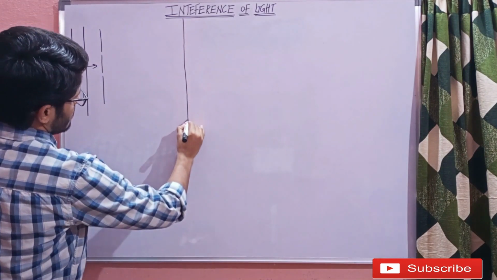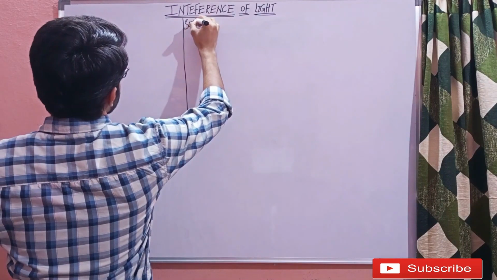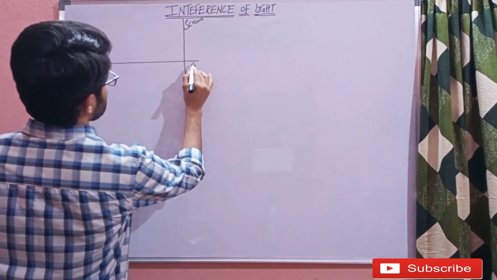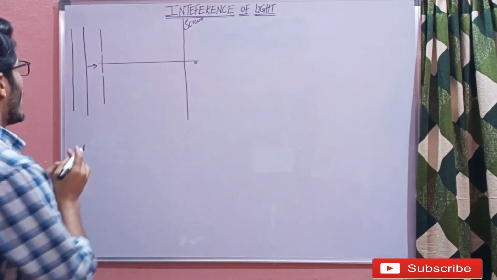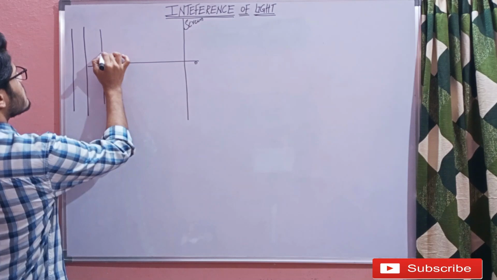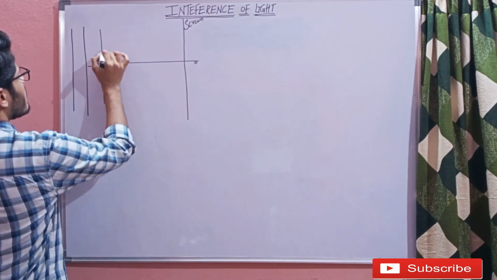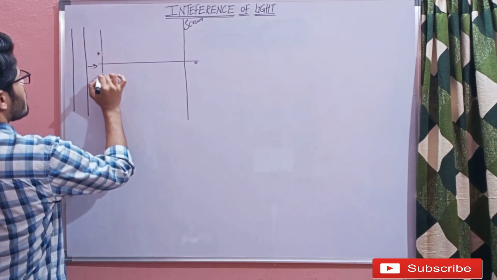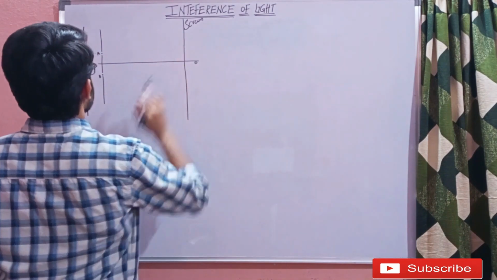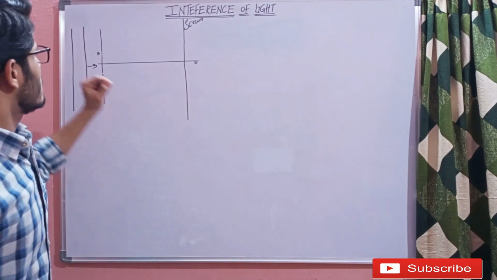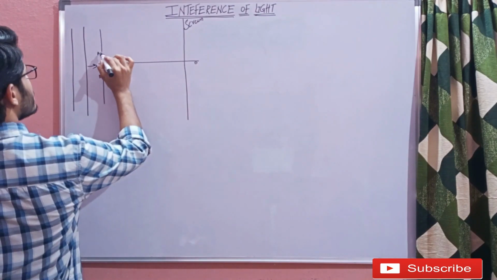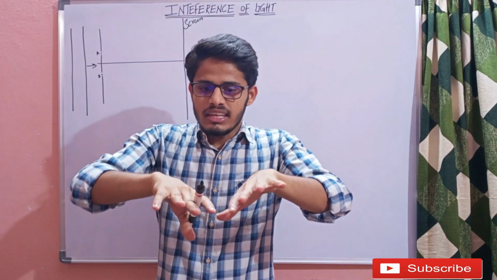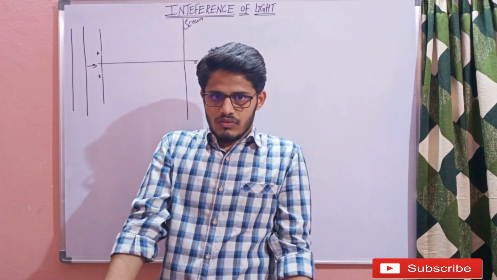And here I have the final screen. Let this be the center, I'm calling it O, and we will consider a point in the first slit and a point in the second slit. I'll call it point A and this one B. So this point source is producing light in spherical wavefronts.